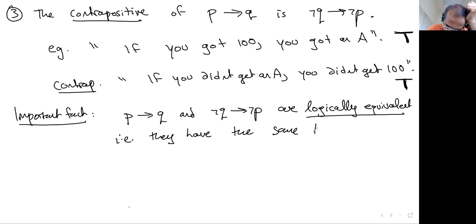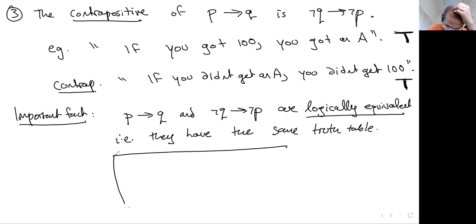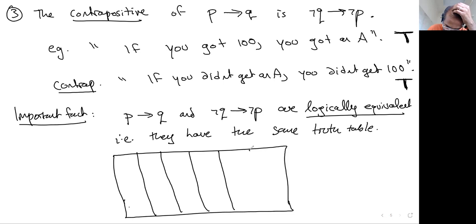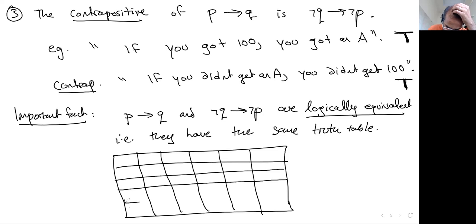Let's just work it out here. P, Q, and let's make columns for not P and not Q. So P, Q, not P, not Q, P implies Q, not Q implies not P. True, true, true, false, false, true, false, false.